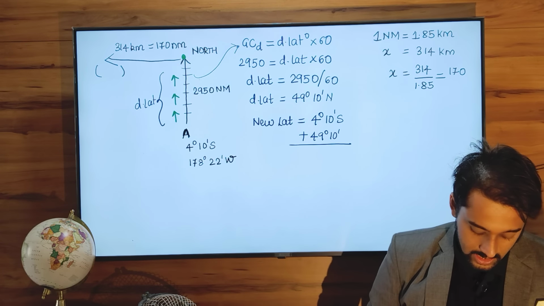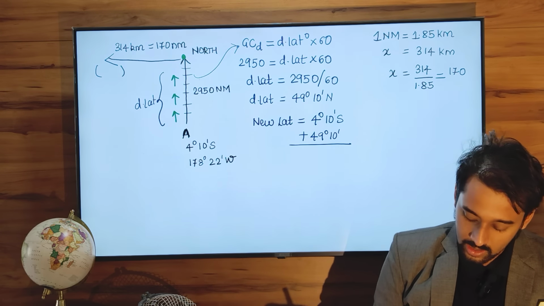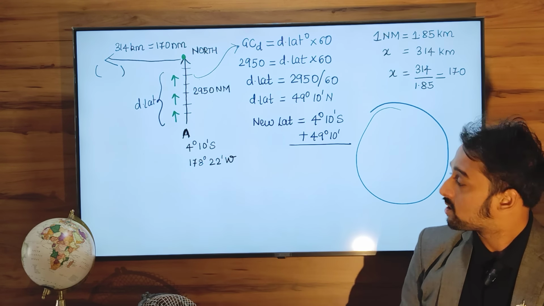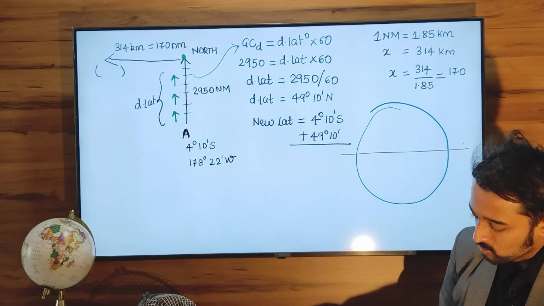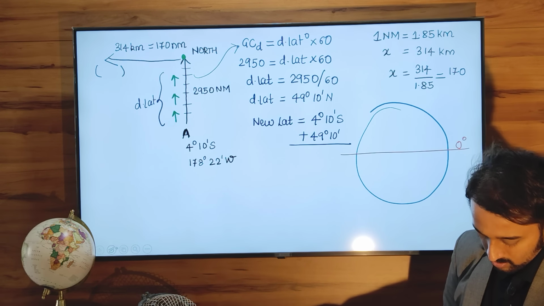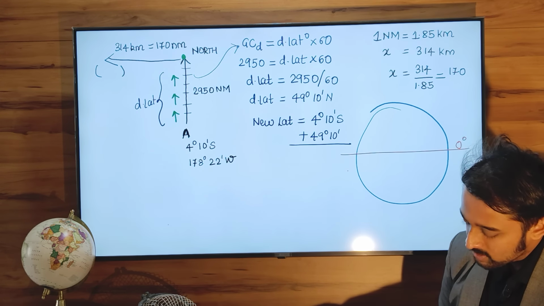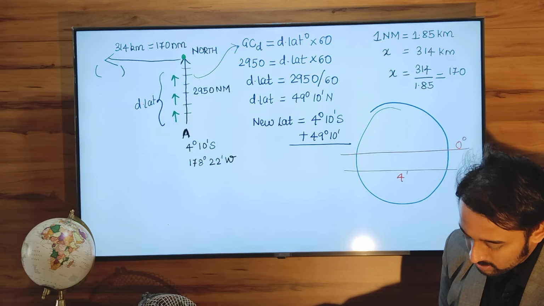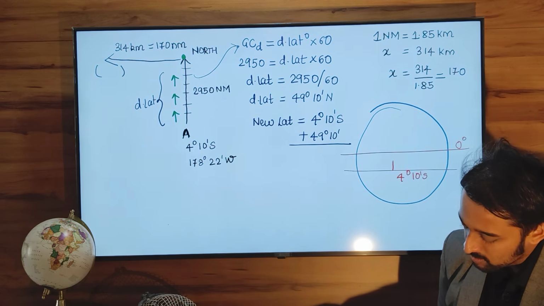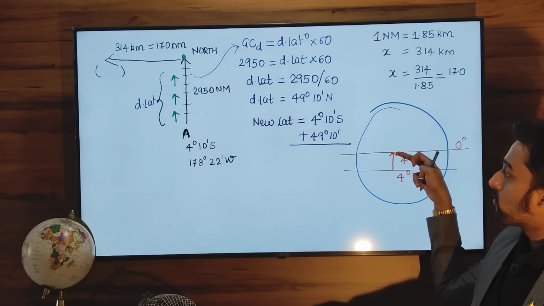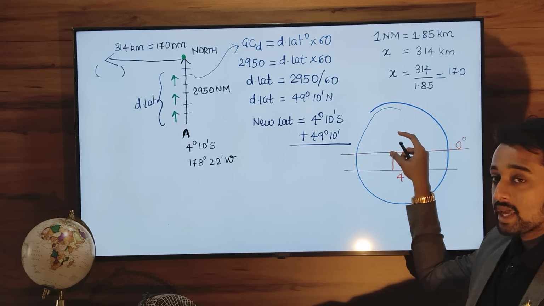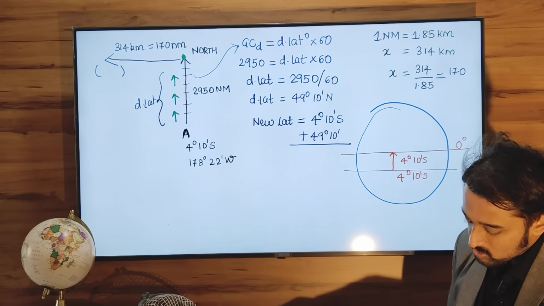So let's see this. Let's say this is your earth. Over here is your equator, 0 degree. Here is your initial latitude, 4 degree 10 minutes south. From here you will come north and cover a distance of 4 degree 10 minutes to reach the equator. After reaching the equator, you will cover the remaining distance.